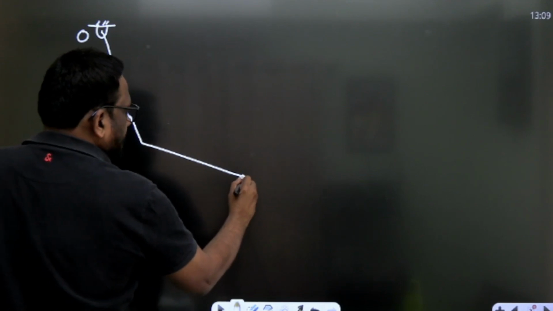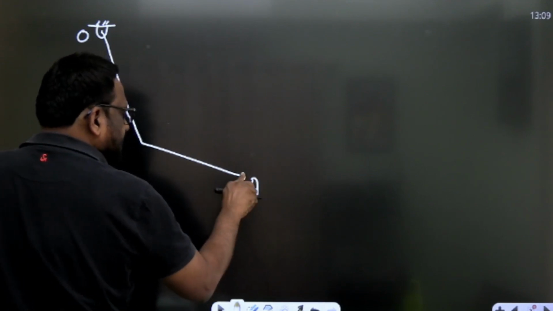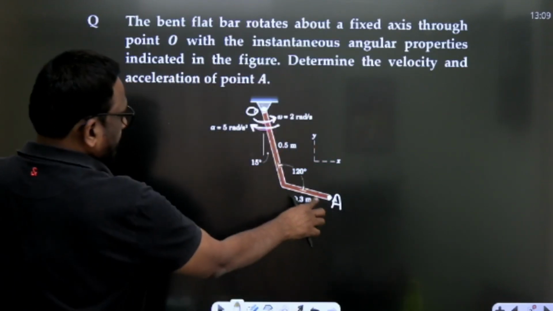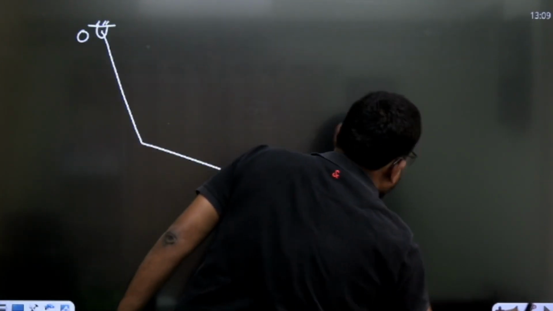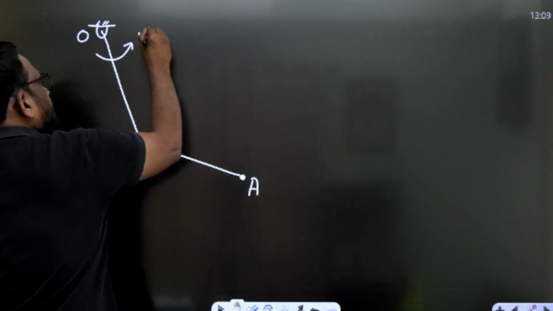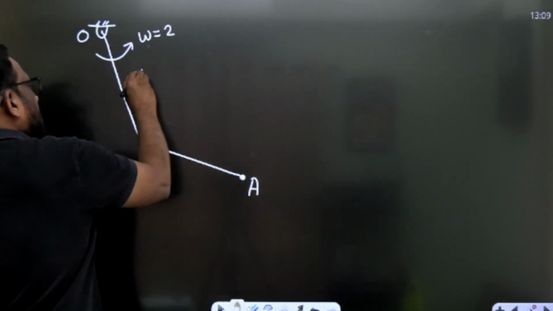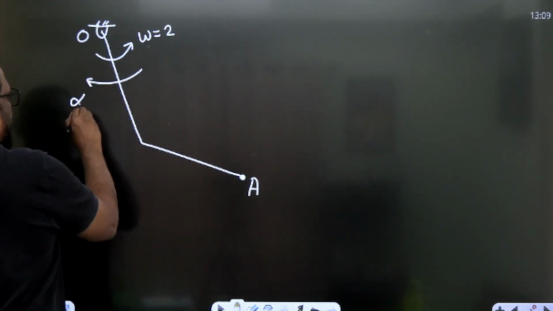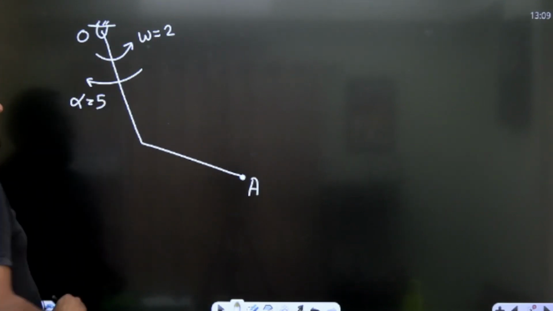This point is A, and he is asking the acceleration of point A. Let me check, sirs. The angular velocity is 2 radian per second, and the angular acceleration alpha is equal to 5. This is also given.